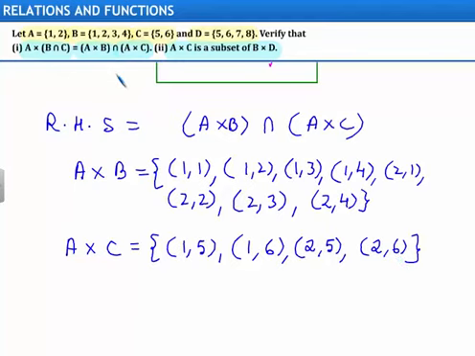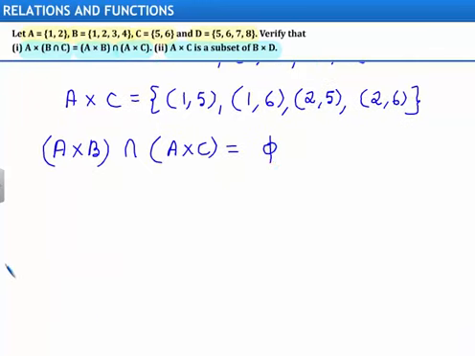Now let us find out (A cross B) intersection (A cross C), which is our RHS. Now you can observe that there is no common ordered pair between A cross B and A cross C. This means (A cross B) intersection (A cross C) is equal to phi.